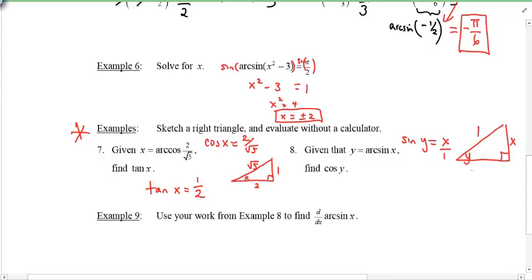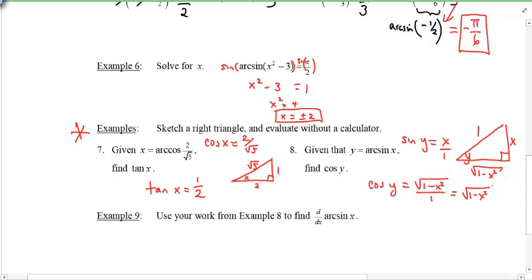Using Pythagoras, I should be able to figure out the missing side down here. 1 squared minus x squared, that's 1 minus x squared. And now with my complete triangle, I can figure out cosine of y, which is the adjacent side over the hypotenuse, or just root 1 minus x squared. Okay?